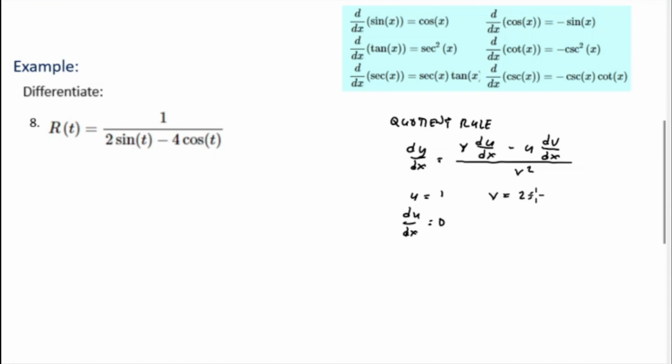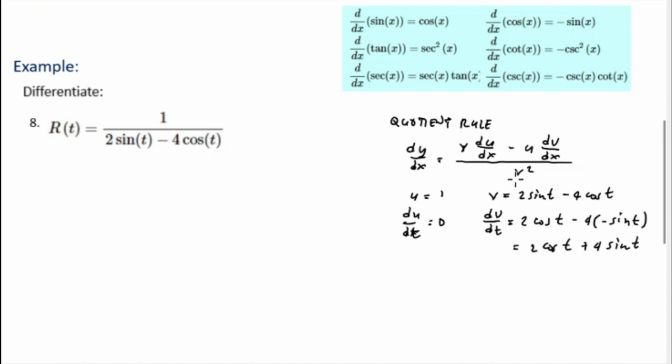V is equal to 2 sine t minus 4 cosine t, and the derivative dv over dt is 2 times the derivative of sine t, which is cosine t, minus 4 times the derivative of cosine t, which is negative sine t. So this is 2 cosine of t plus 4 sine t.